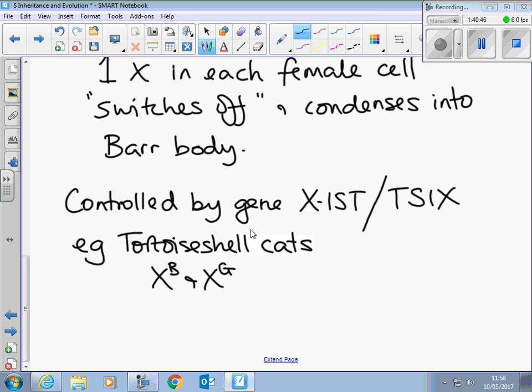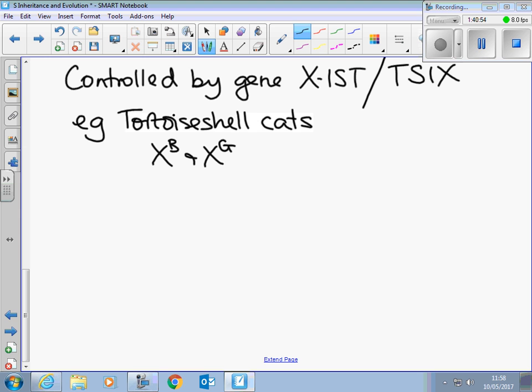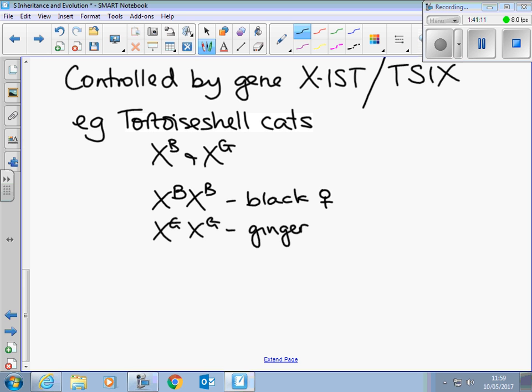You can either have those together, you can have two B's, you can have two G's. Let's put them in, I've got a few minutes. If you've got two XBs, you've got your black female. If you've got XG, XG, you've got your ginger female. If you've got the XB, XG, you get your tortoiseshell. I'll put torty because I can't be bothered to write it all out.